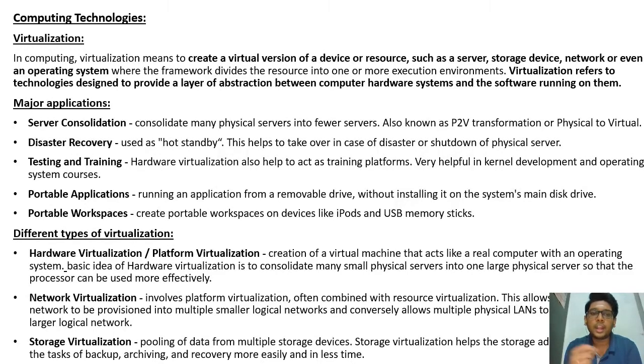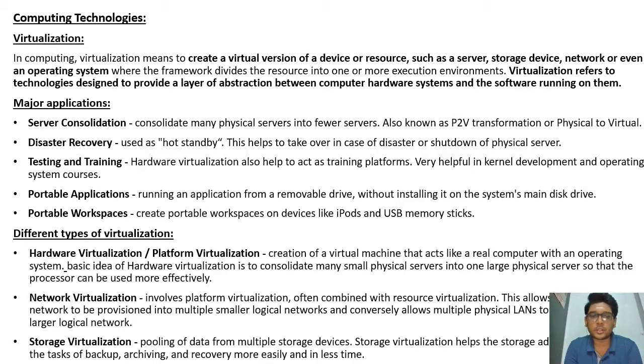Next, we come to network virtualization. Network virtualization involves platform hardware virtualization, often combined with resource virtualization. This allows a large physical network to be provisioned into multiple smaller logical networks, and conversely allows multiple physical LANs to be combined into a larger logical network.